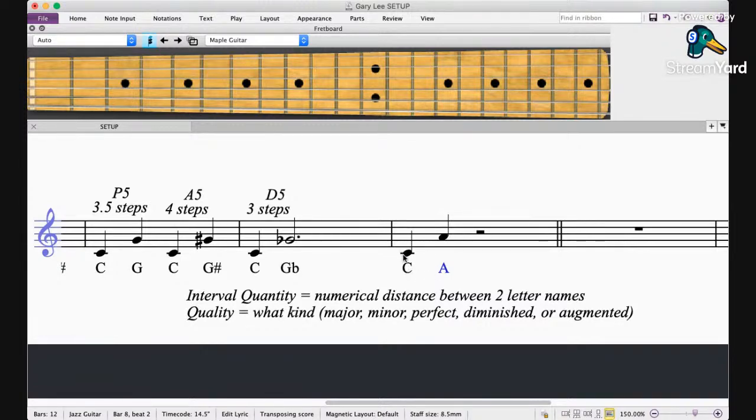So from C to A is 1, 2, 3, 4.5 steps. And this equals a major sixth.